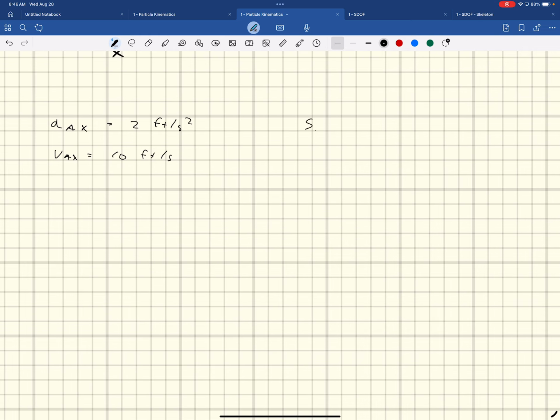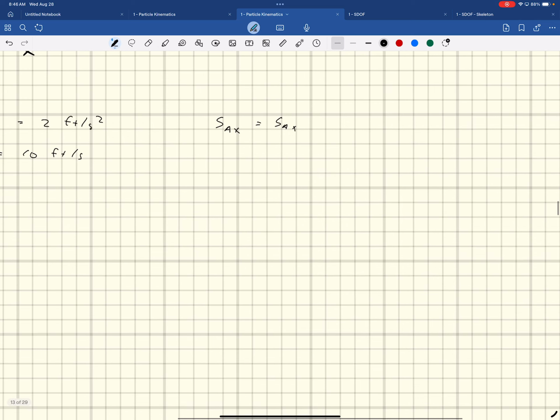I'm going to call this the position, I'm calling it A for whatever reason, I just did that in my solution. So the position of A in the X direction is equal to the initial position of A in the X direction plus VAX times time plus AAX times T squared over 2.